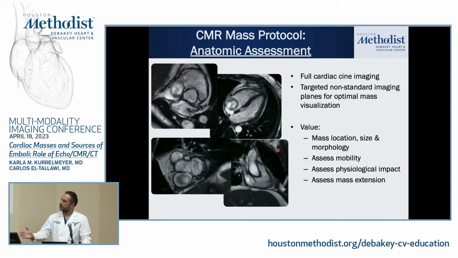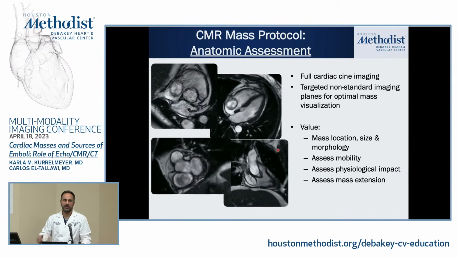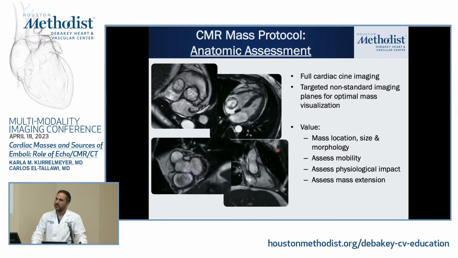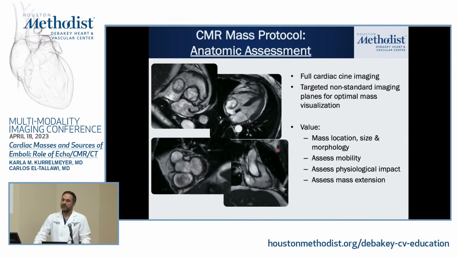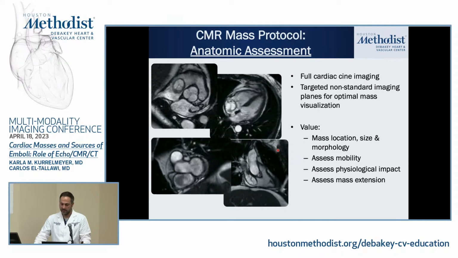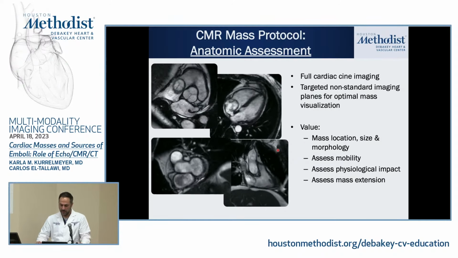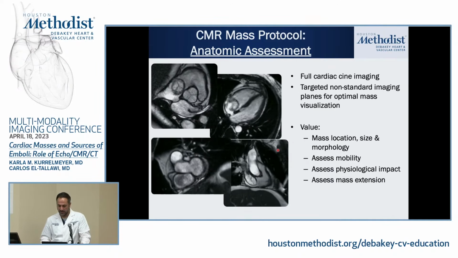So first, starting with the anatomic assessment, obviously we have the standard cardiac imaging planes, like the 4-chamber, 3-chamber, 2-chamber, but we also have the option and the ability to do targeted non-standard imaging based on the mass that we have. So this is an advantage of MRI. We can tell the mass, the location, the size, the mobility, the physiological impact, the invasion, the extension, all of that.